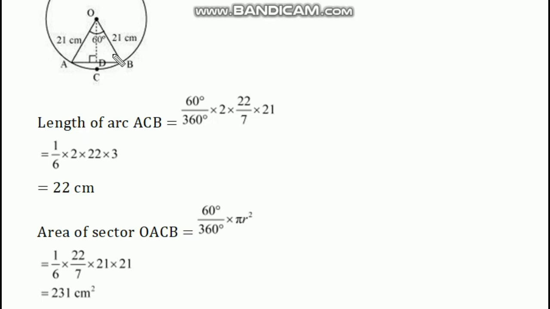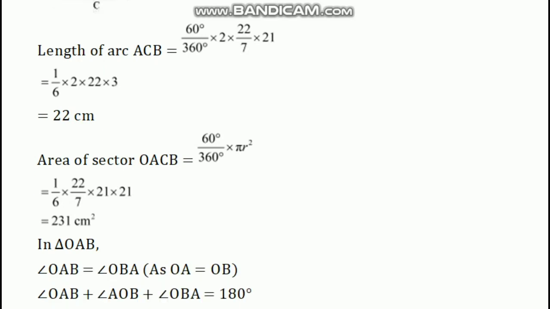How to find out the area of equilateral triangle? We discussed this in previous classes. Area of equilateral triangle is root 3 divided by 4 a square, that is side square. Let's substitute in this formula.